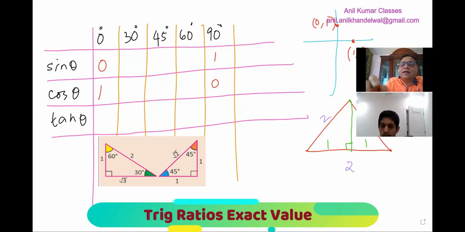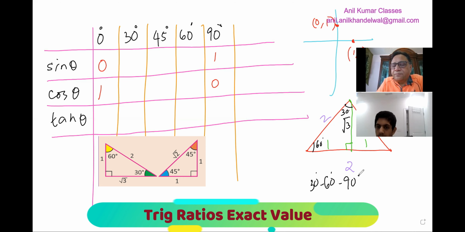And the altitude will be square root of 3. The angles will be 60 degrees, half of 60 is 30, and then 90. That means 180 in all. So we have a triangle which is 30 degrees, 60 degrees, and 90 degrees, correct?